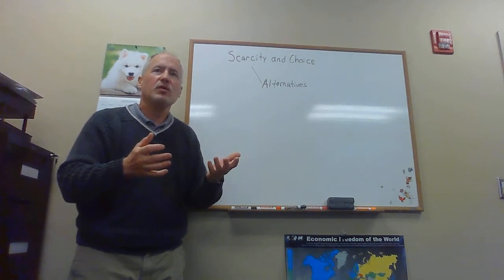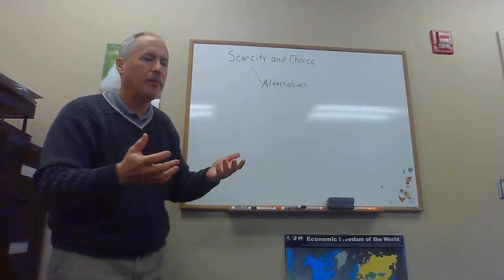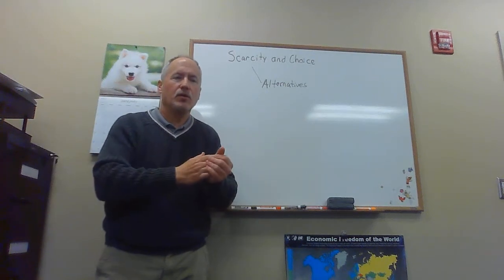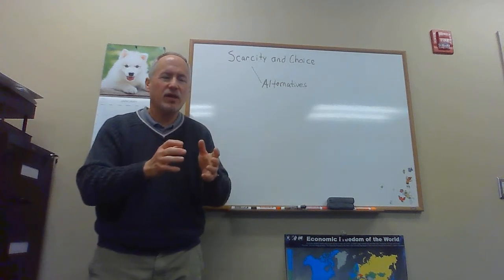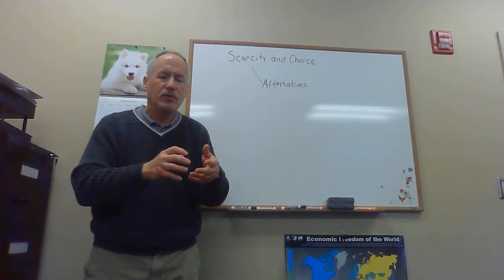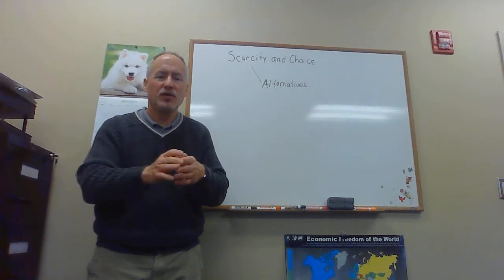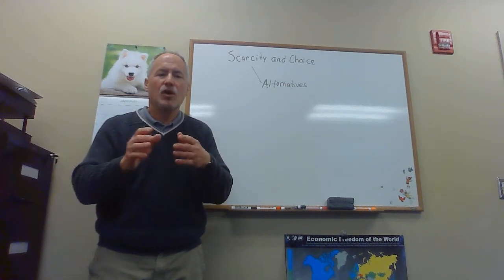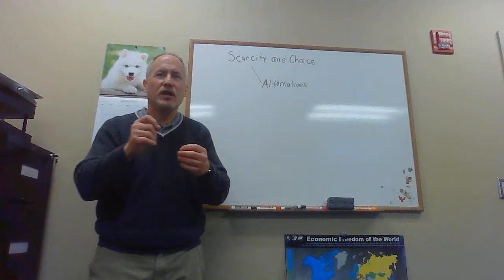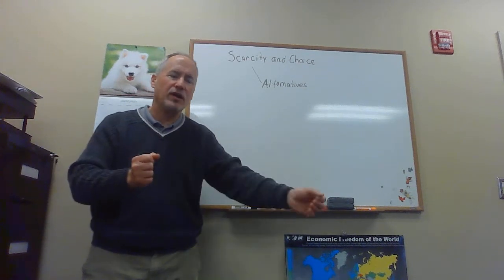And then we also see that we have to have trade-offs. That trade-offs have to be very fundamental. This comes out of the idea of opportunity cost, because when you start thinking in opportunity cost terms, you can recognize that when you choose to do one thing, you're trading off something else.